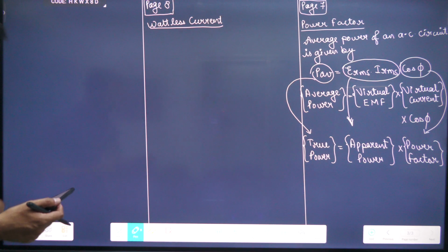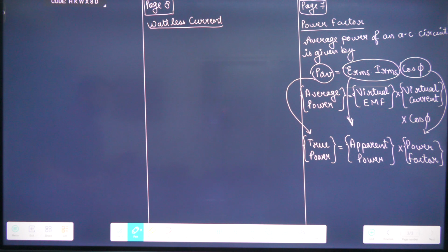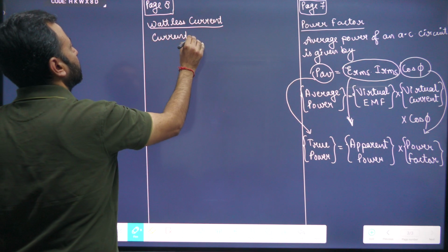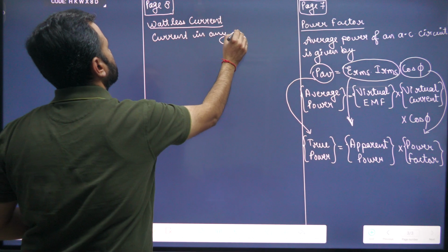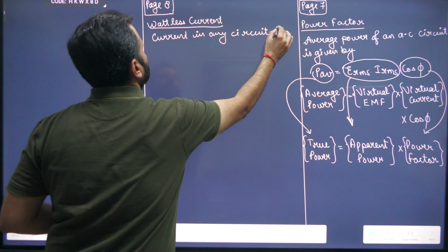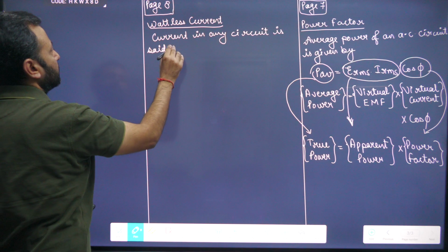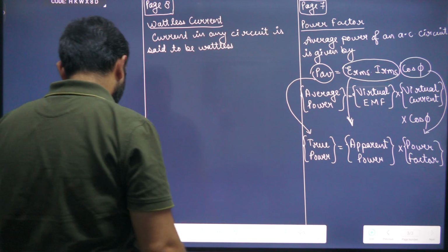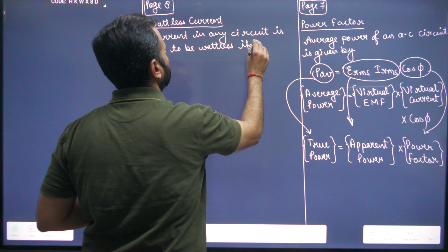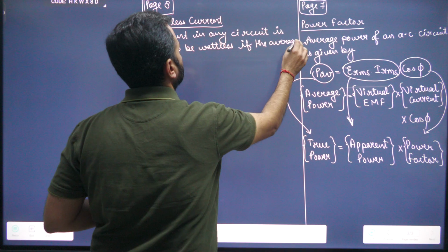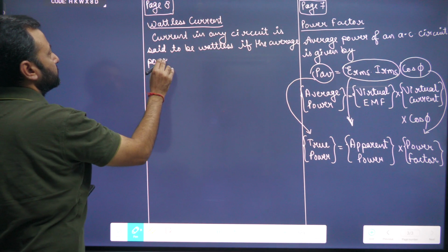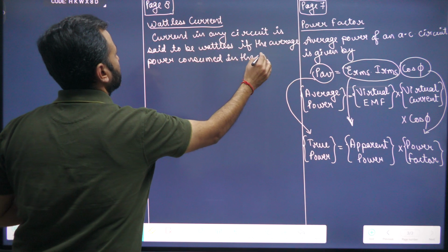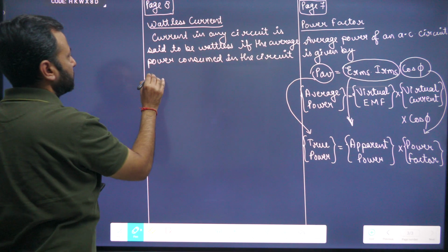The current in an AC circuit is said to be wattless if the average power consumed in the circuit is zero.